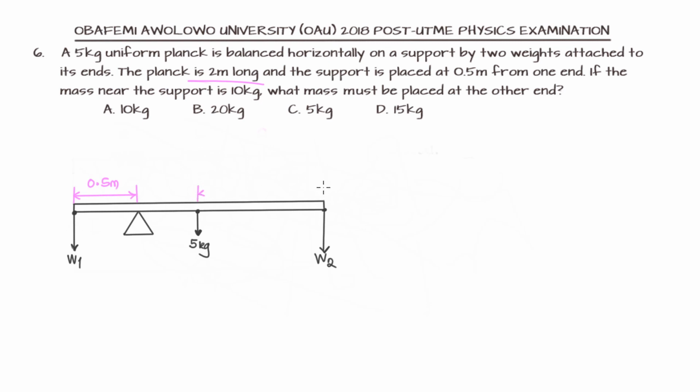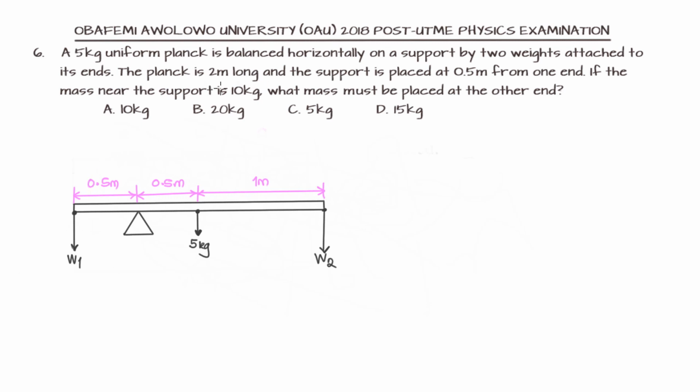So the midpoint of the plank is 1 meter. So this is 1 meter. And then the other end is also 1 meter, but we've taken 0.5 meters out. So this will remain 0.5 meters. That's the appropriate interpretation of the information that we are given from the question.